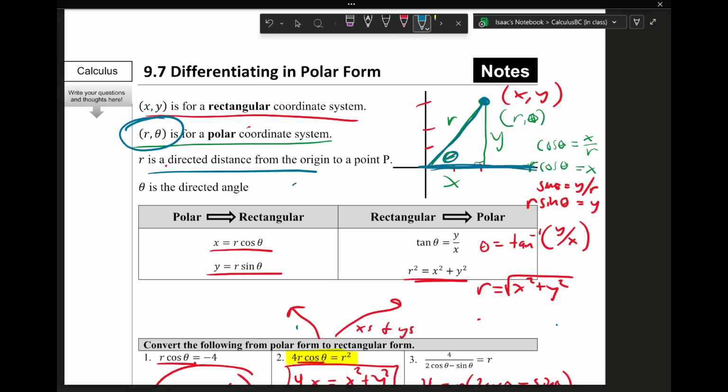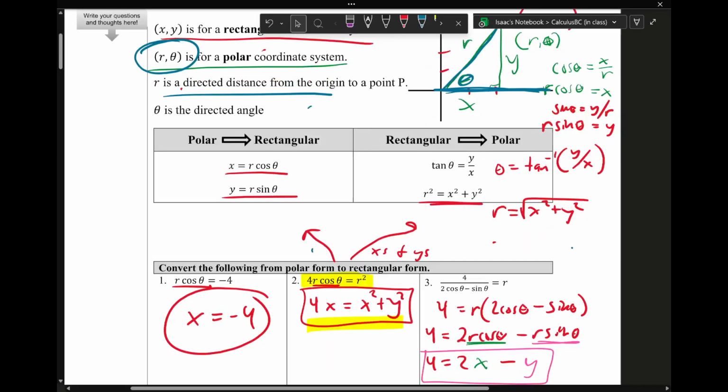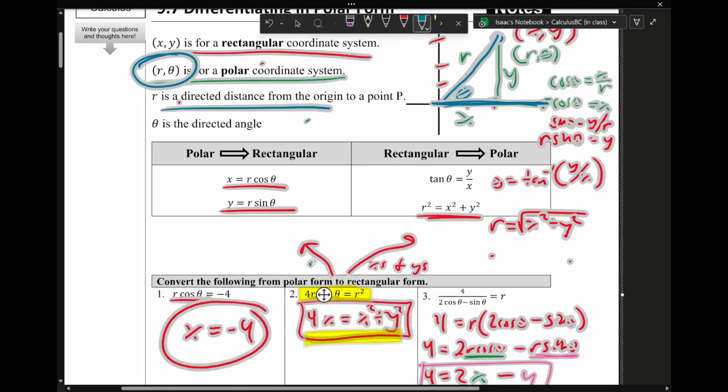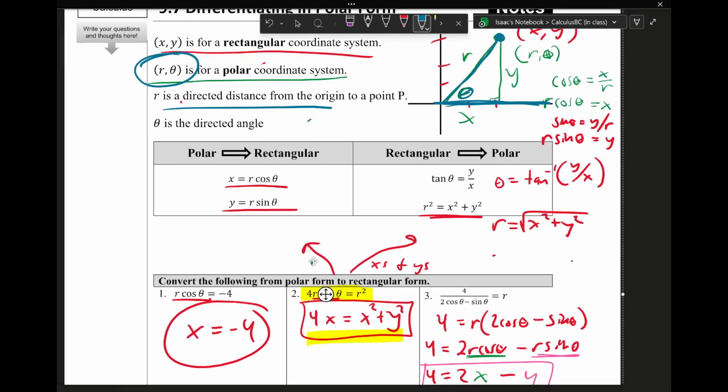So theta always starts at positive x-axis, just like all radians do. Converting back and forth between these is one of the first few things we will do. If you have r and theta, you could change it to rectangular, because x is always r cosine theta and y is always r sine theta. This absolutely needs to be memorized well enough that we can plug it in as we need it.